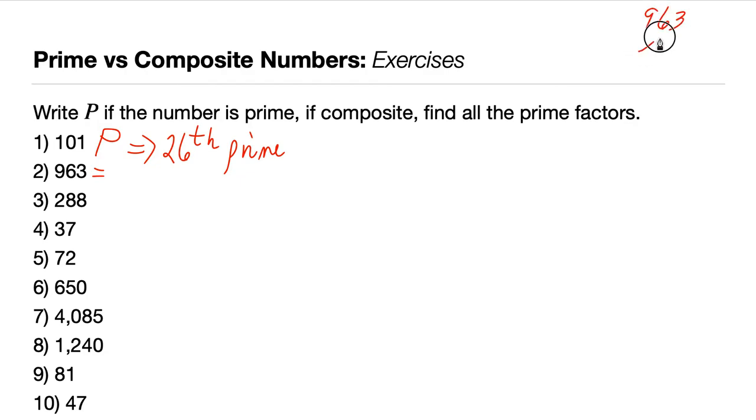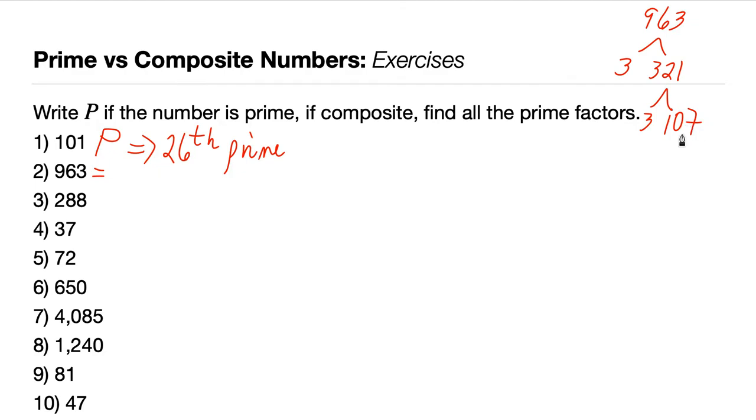Let's do this. 963 is divisible by 3. So what is left? Divide 963 by 3, and we have 321. 321 is still divisible by 3 since adding the digits will give us 6. Divide this by 3, and we have 107. Next question: is 107 a prime number?